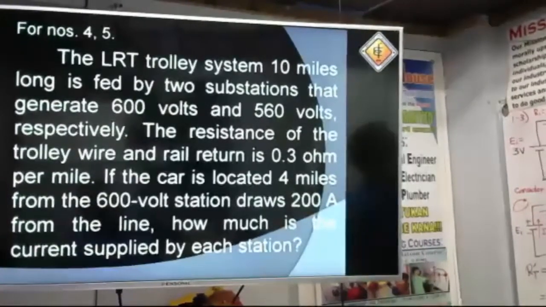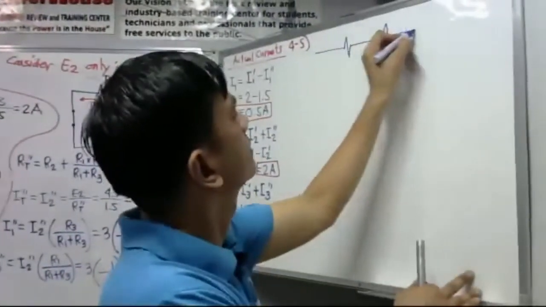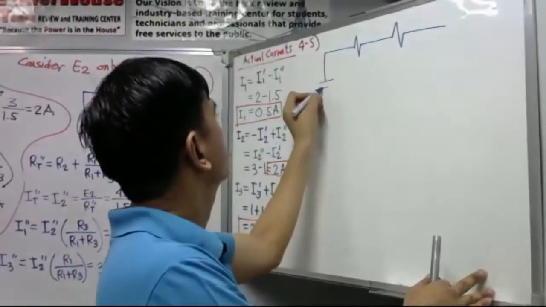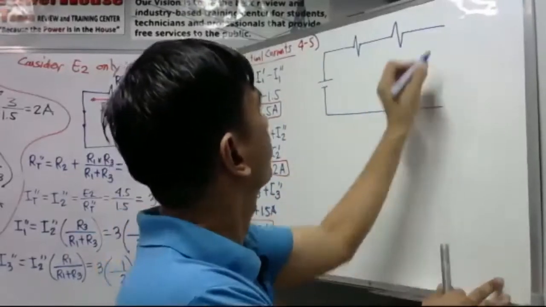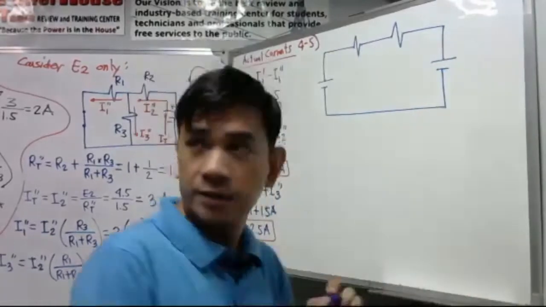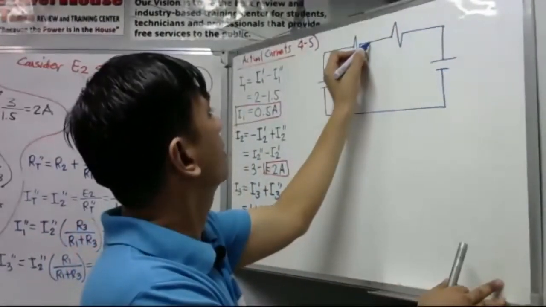So we have here, okay, this is the circuit. This is the source. Then we have the light rail transit car.